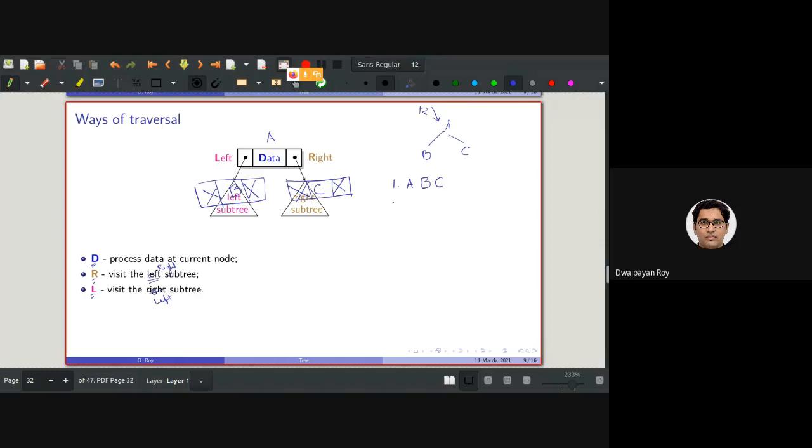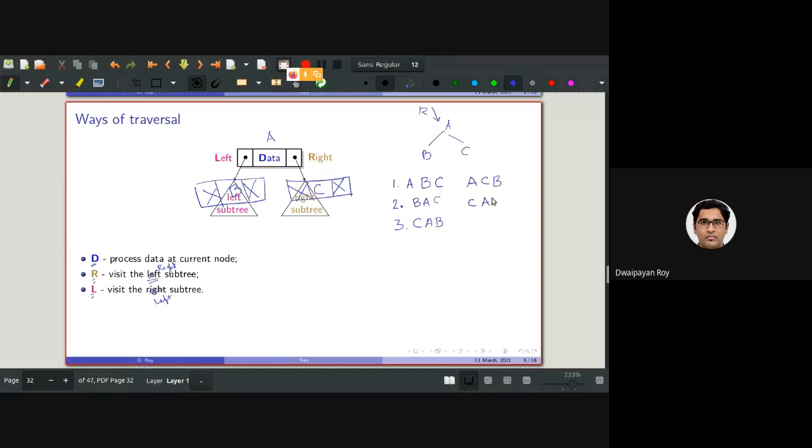Then what is the second way? BAC. Then CAB. What about ACB? ABC and ACB are possible. What about CAB?